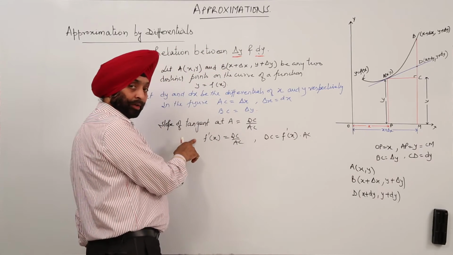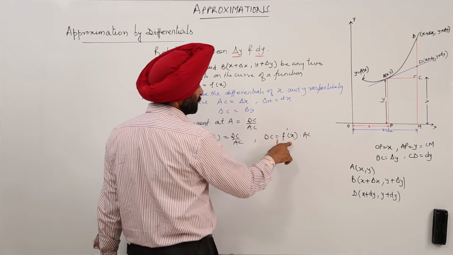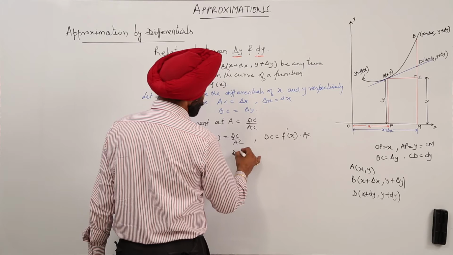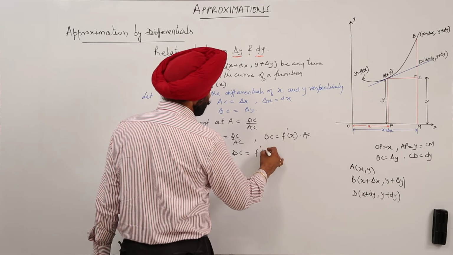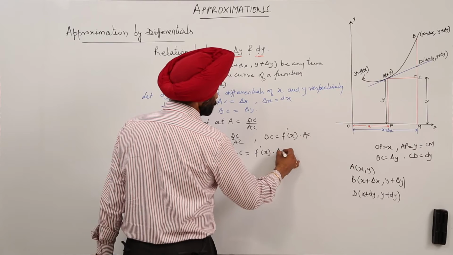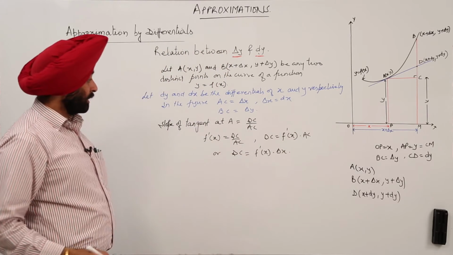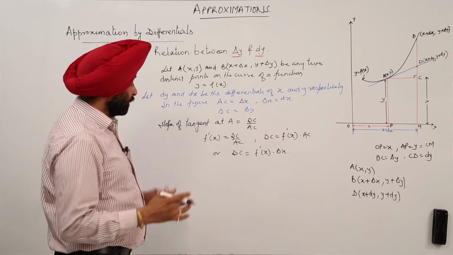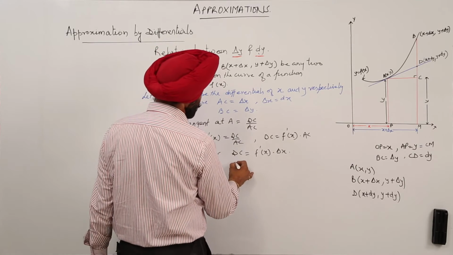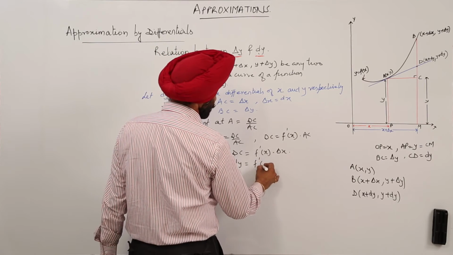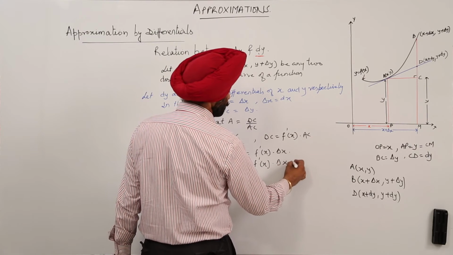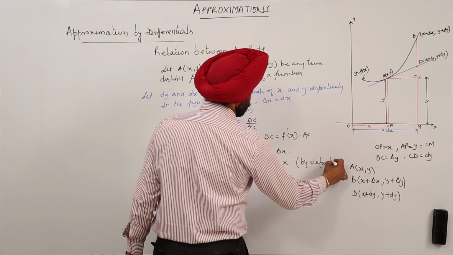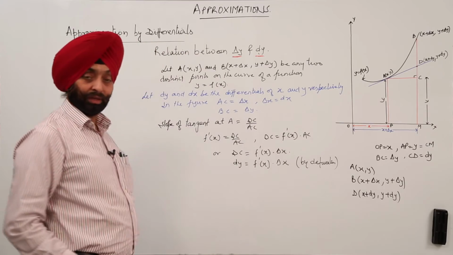Now this AC multiplied by f'(x), we are having DC is equal to f'(x) with AC, or we can write DC is equal to f'(x) with delta x. Okay. AC is what? Delta x. Now finally what we are having? We can write dy is equal to f'(x) with delta x. Now this is what? By definition.